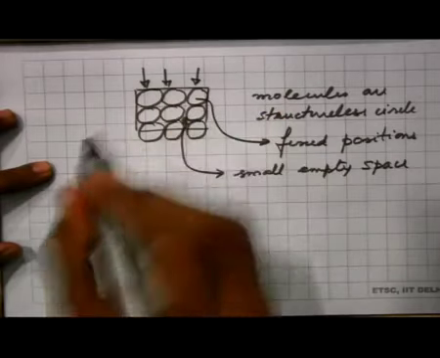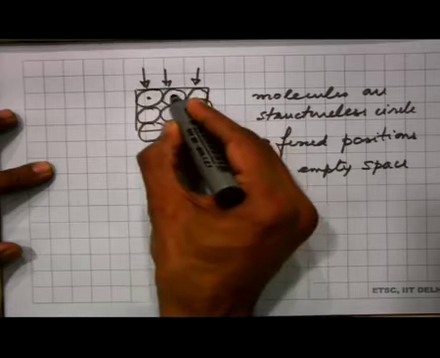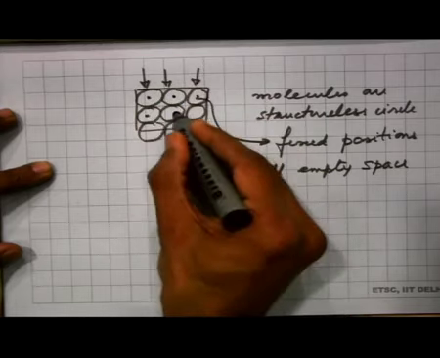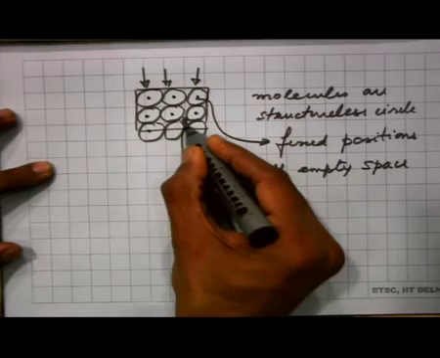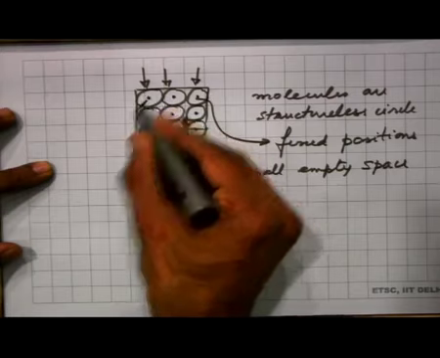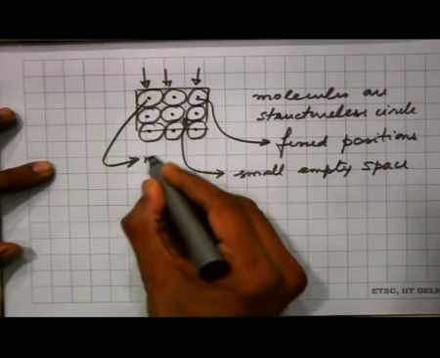Okay? But what you have to notice is that each of these, and I have taken a crystalline solid for convenience, these positions are fixed. So, this is the average position of the molecule. About this fixed position, these molecules vibrate.